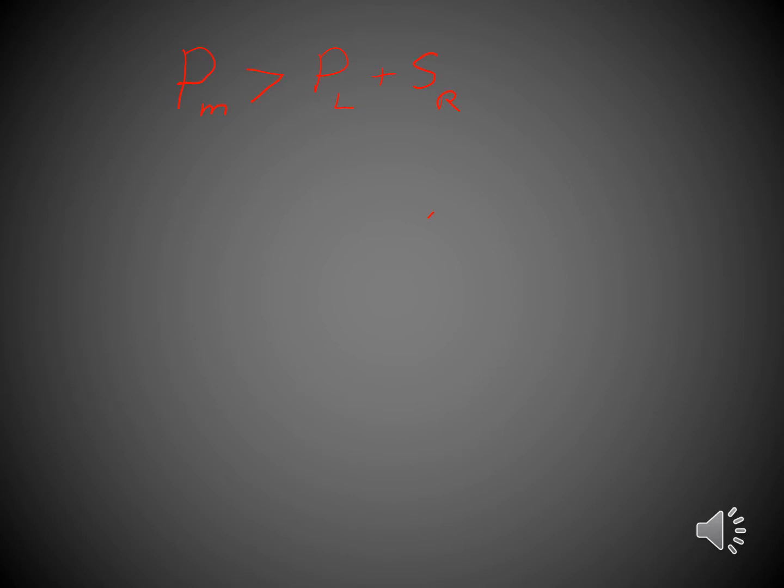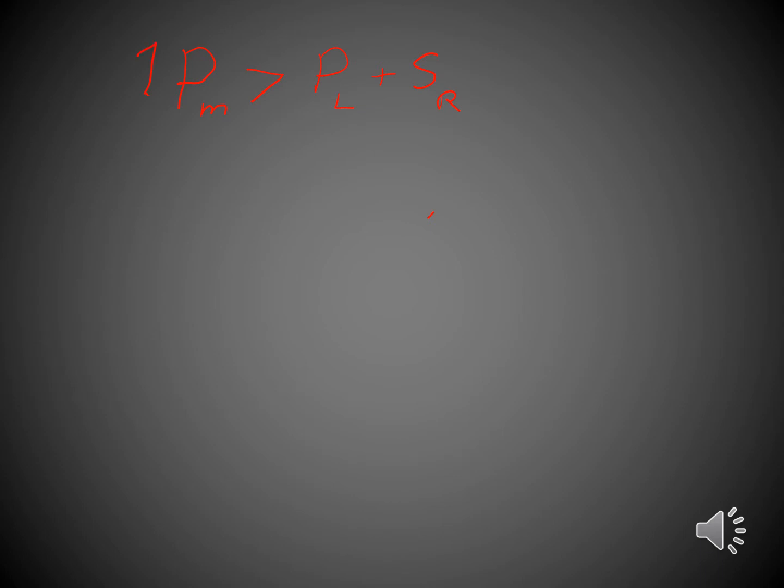And in order to get a system out of equilibrium and get it to erupt, there's really 3 ways of looking at this equation to do that.